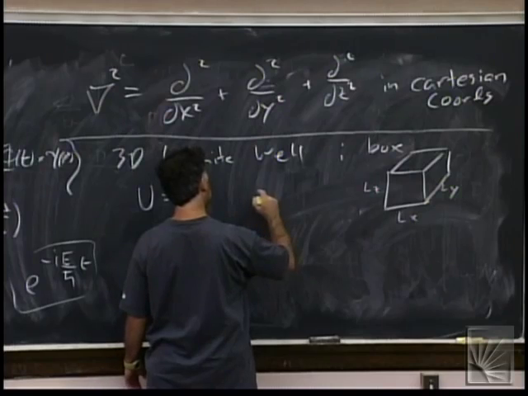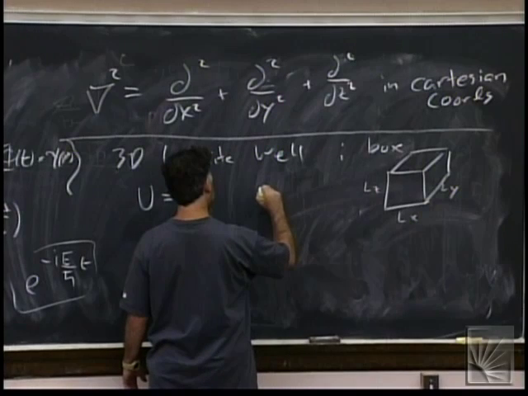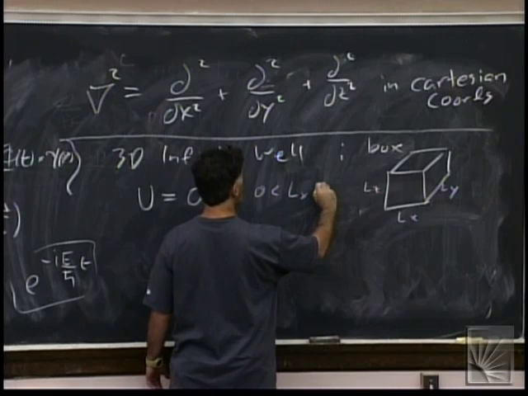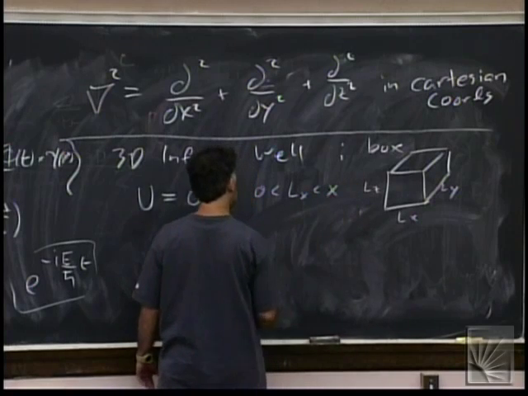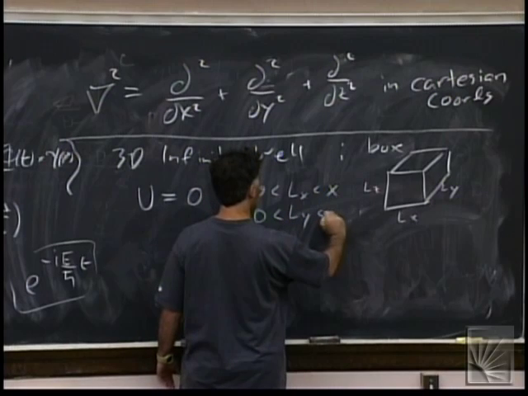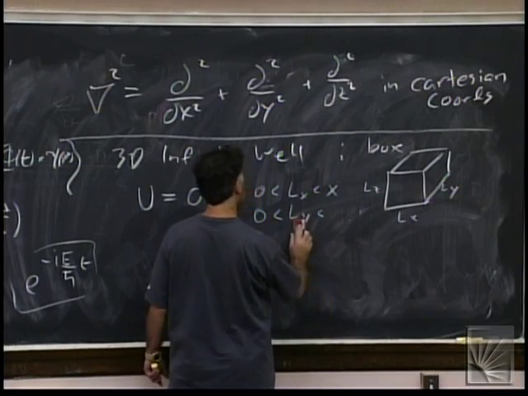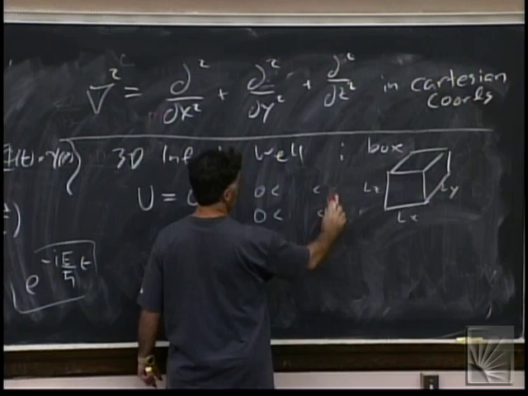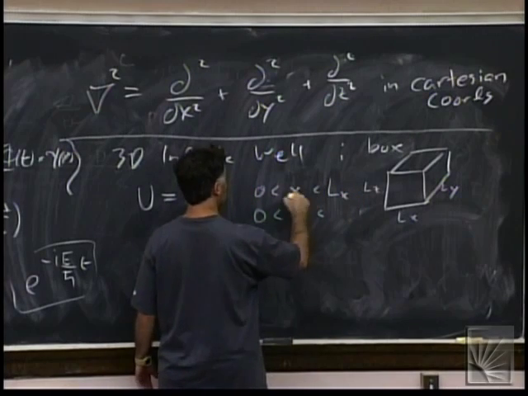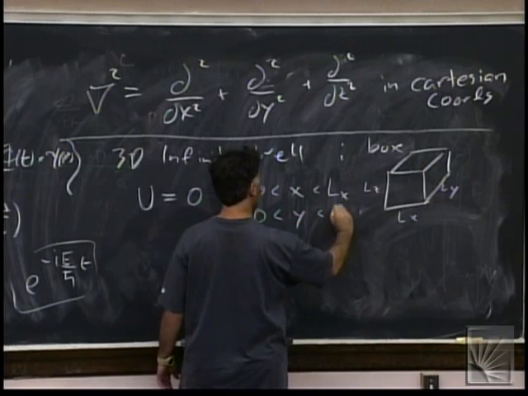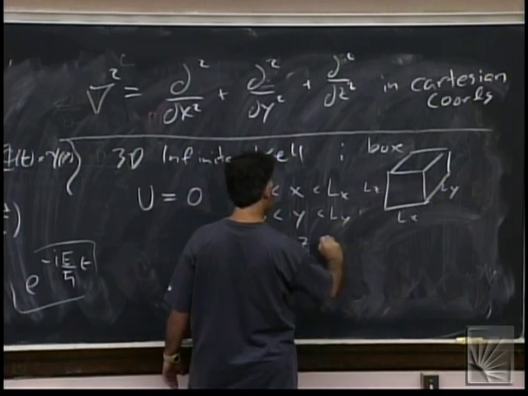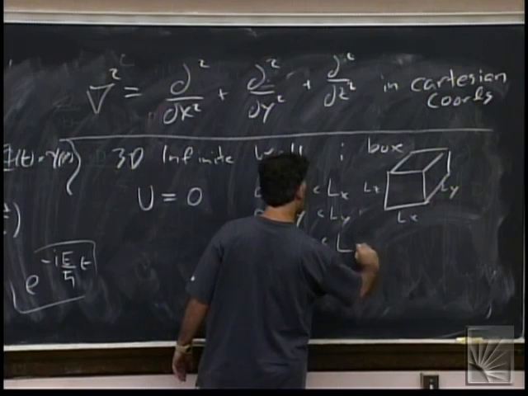So the potential is equal to 0 when x is between 0 and L sub x, y is between 0 and L sub y, and z is between 0 and L sub z.